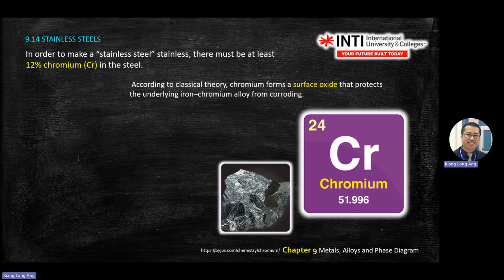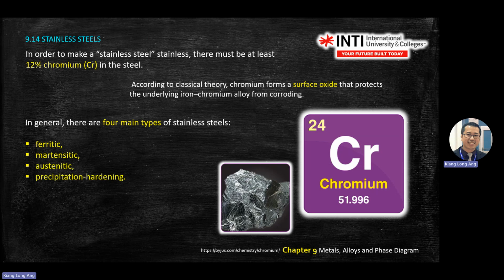Why can chromium help with corrosion? Because it forms an oxide on the surface. There are 4 types of stainless steels: ferritic, martensitic, austenitic, and precipitation hardening. This one you read.